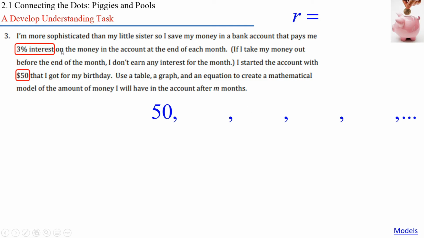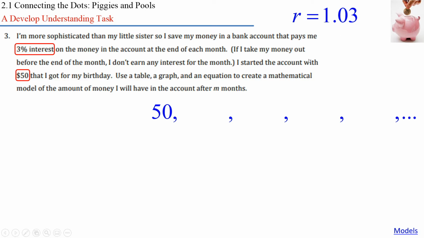So what I have to do for my common ratio is go 1.03. The 1 stands for 100% of the money that I already have in my account, and then I'm adding 0.03, which is adding 3% to that. So when my money's growing, I'm always going to have a common ratio with a 1 in front of this decimal. And then the percent it's growing by will be this part right there.